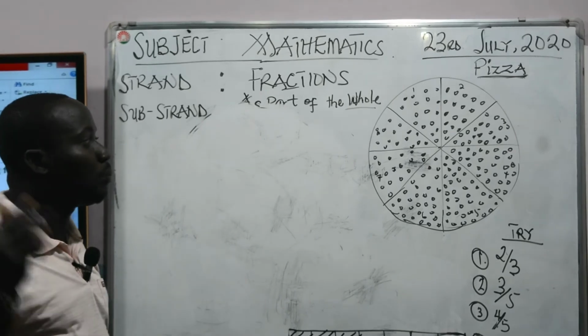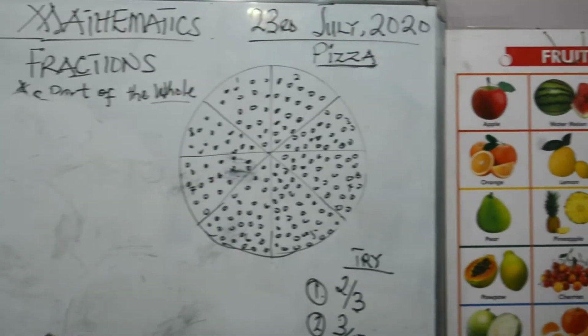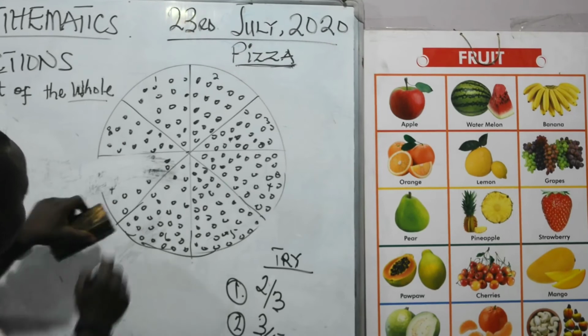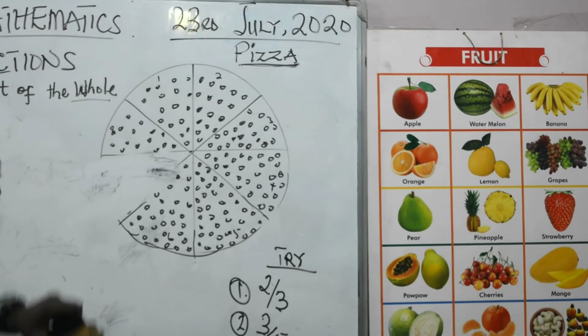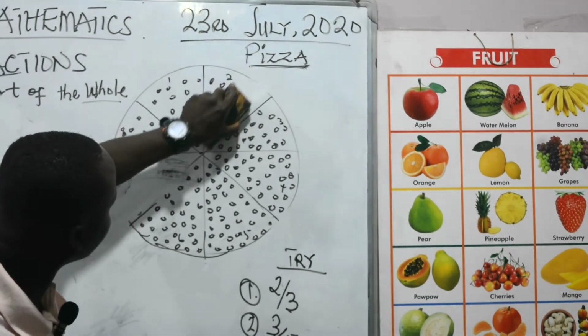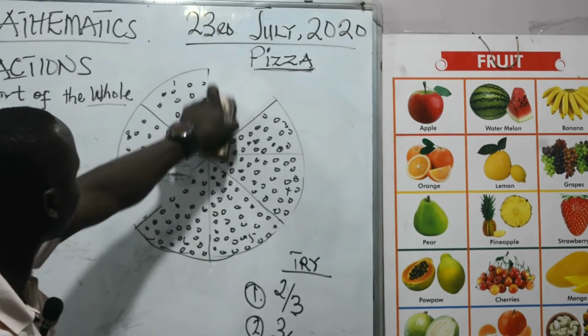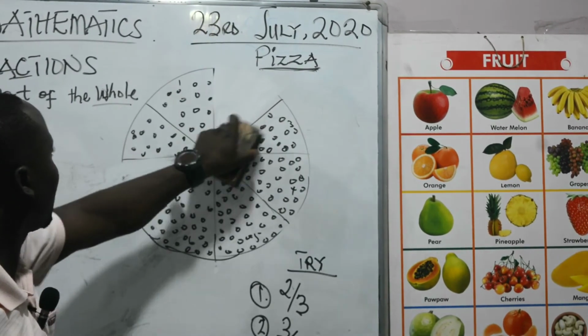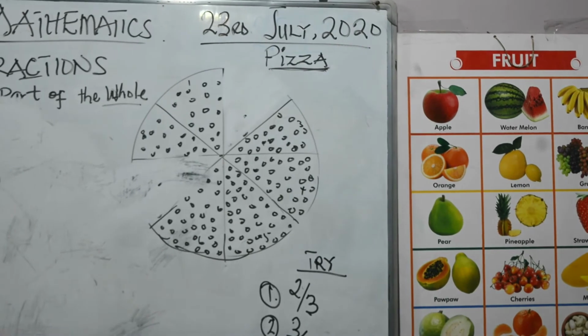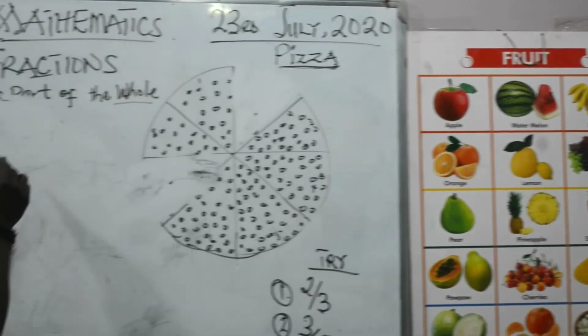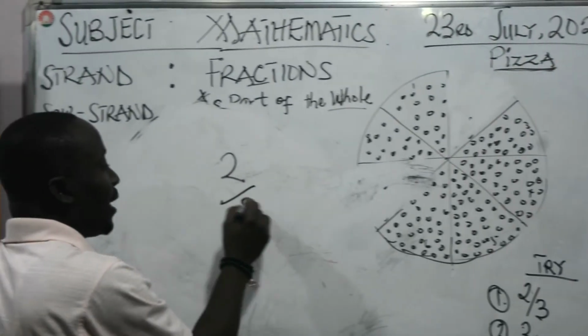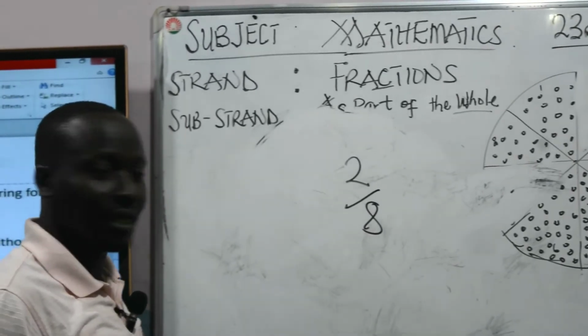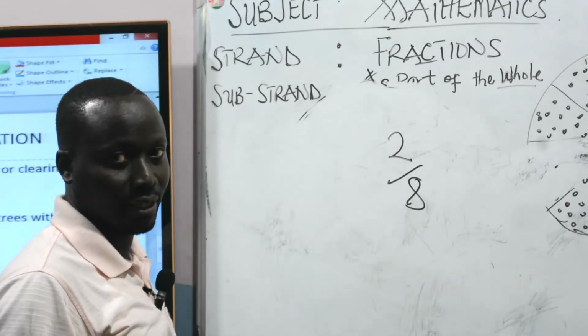If I take 2 portions out of the 8, 1, 2, these 2 portions taken out of the 8 can be written as 2 over 8. It is an example of a fraction.